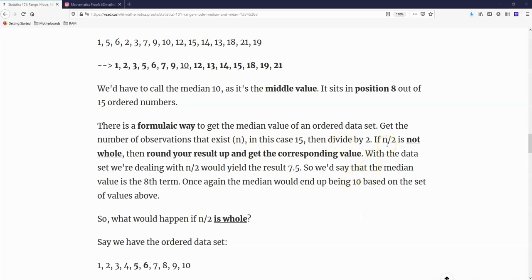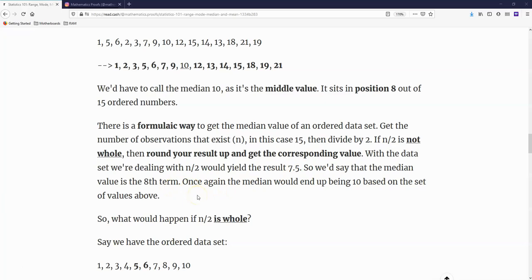If n over 2 is not whole, then round your result up and get the corresponding value. With the data set we're dealing with, n over 2 would yield the result 7.5. That is 15 divided by 2. So we'd say that the median value is the 8th term.